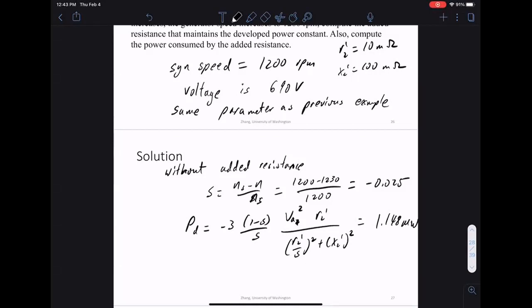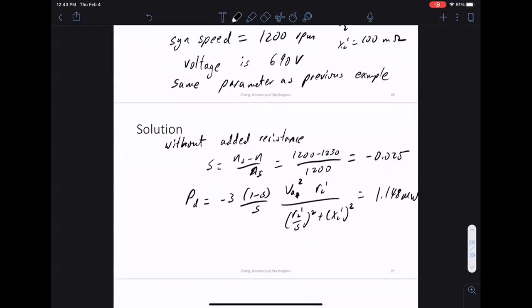How do I keep the developed power at this 1.148 megawatts while operating at the higher speed? For the new speed, our slip is (1200 minus 1260) over 1200, which is minus 0.05.